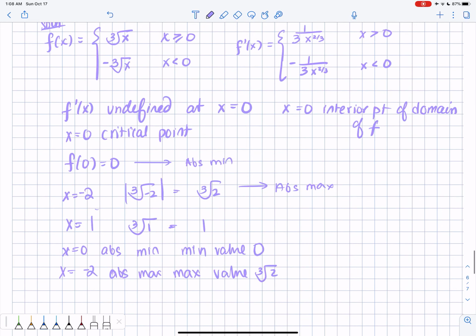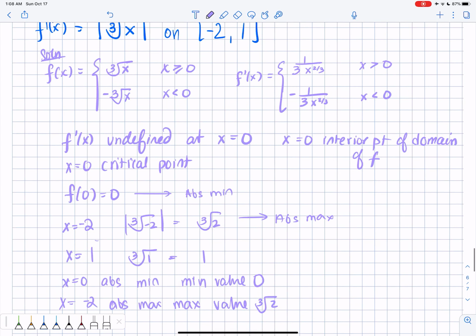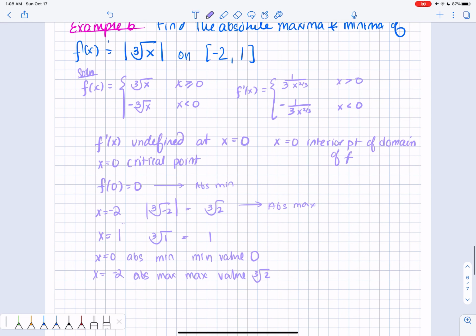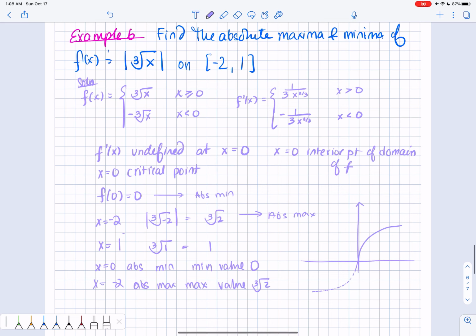Okay, and you can graph these functions and take a look at what they look like. Let's just quickly draw this one. A cube root looks like this, but I've taken the absolute value. So instead of this part going down here, you get rid of that bottom part and it will in fact be on the top, like that.